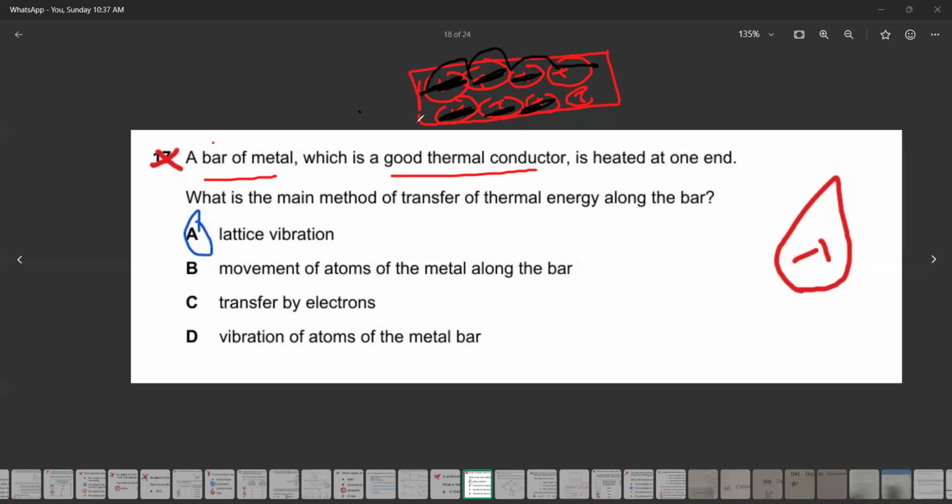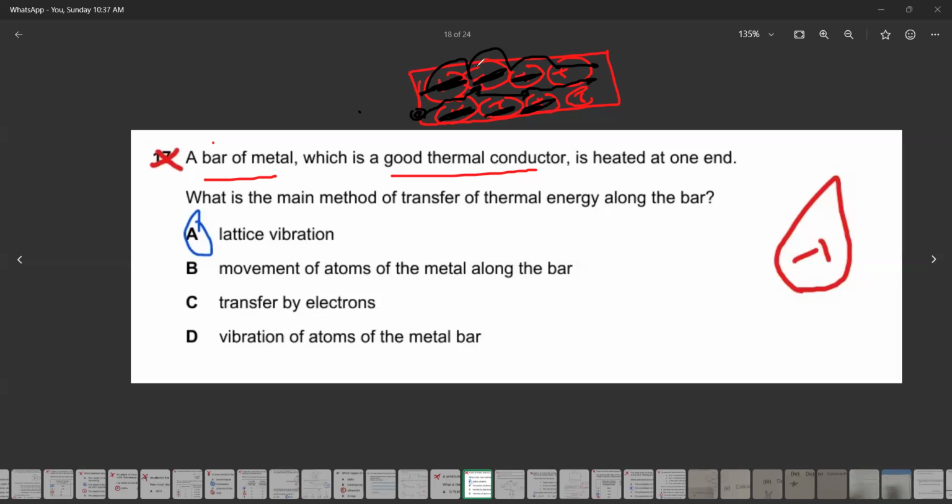Another is the movement of electrons. When these electrons move, they collide with the lattice or with each other and transfer thermal energy. In conduction, the thermal energy is transferred by the vibration of the lattice as well as the movement of electrons.